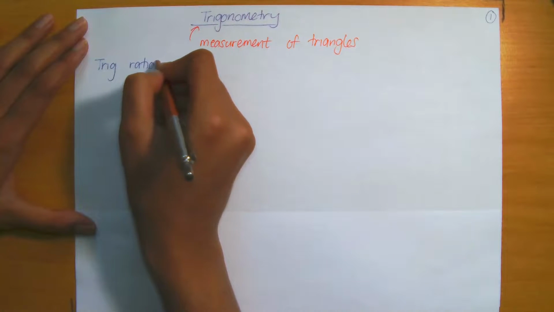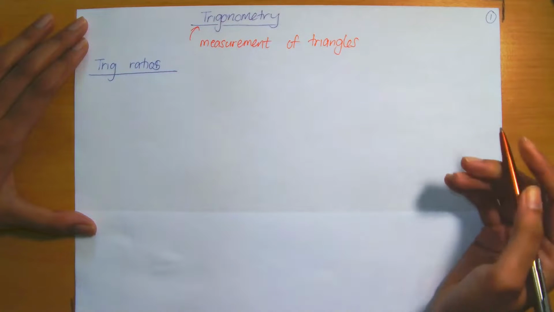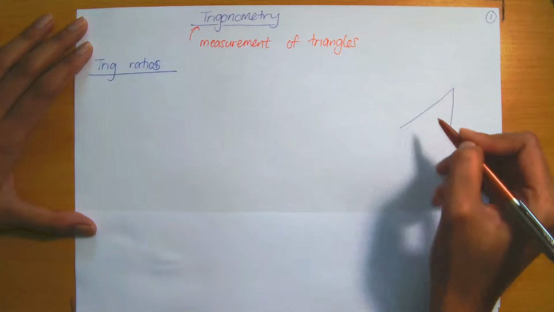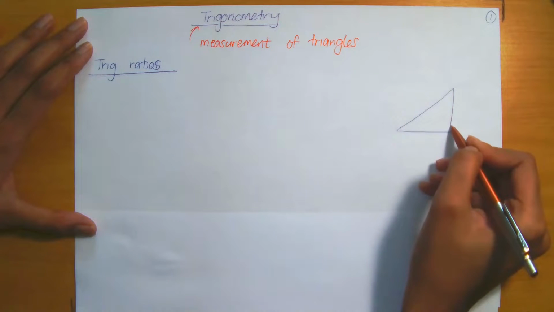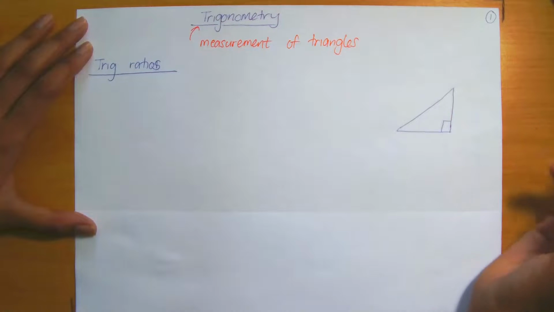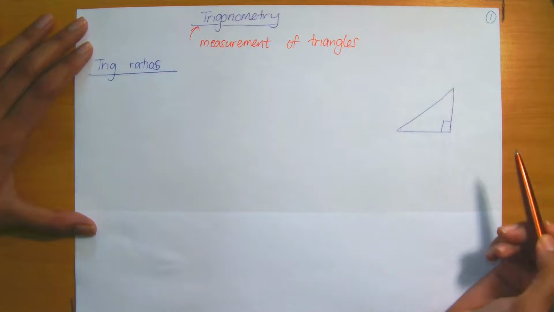In order to discuss trig ratios, I'm first going to draw a right-angled triangle. A right-angled triangle is a triangle which has a 90-degree angle in it.